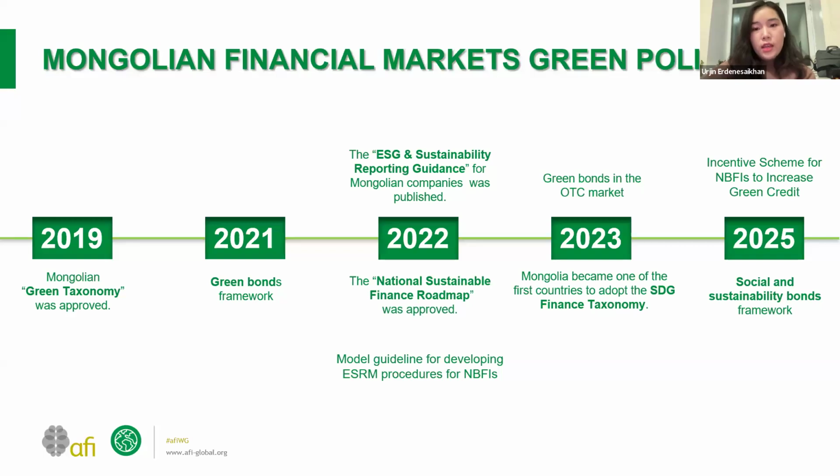After the taxonomy, we introduced a green bond framework in 2021, following International Capital Market Association and Climate Bonds standards. We specified the guidelines for issuing green bonds in the regulation of registration of debt instruments. And in 2022, the Financial Stability Board adopted its National Sustainable Finance Roadmap. This outlines a vision to transform Mongolia's financial sector to a sustainable system by 2030.